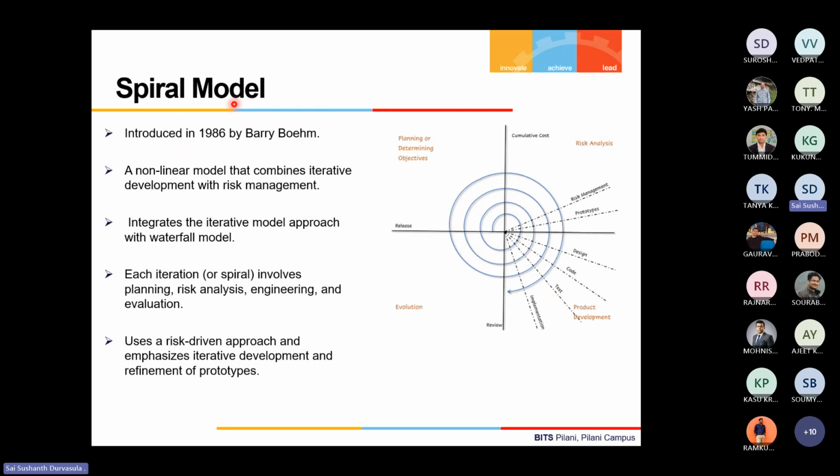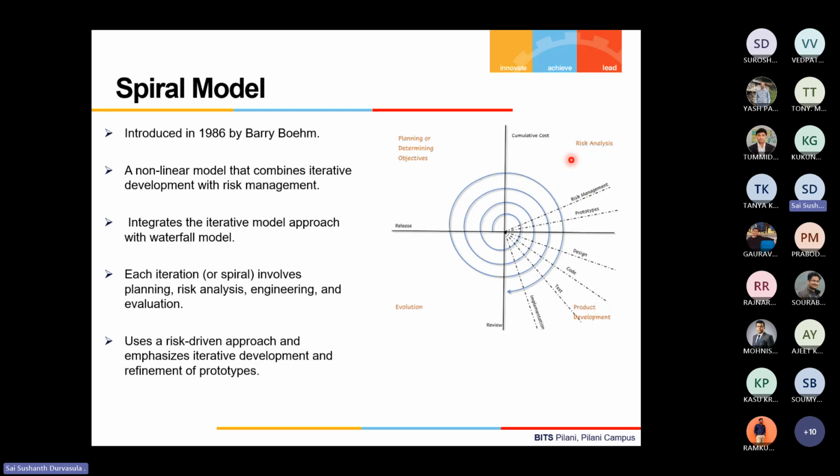What the spiral model brings to the table is risk analysis. In general, it is called SWOT analysis. You have your strengths, weaknesses, opportunities, threats, and so on. Business analysts, or I think the ones from the management side, do a lot of this risk analysis along with the product development team.